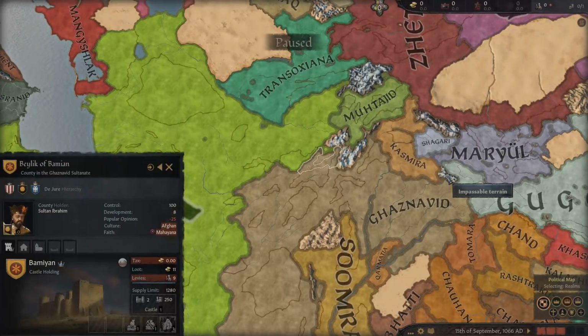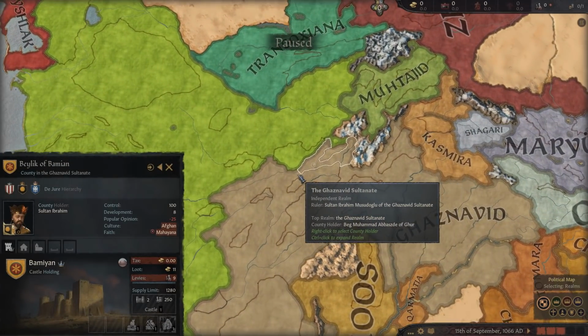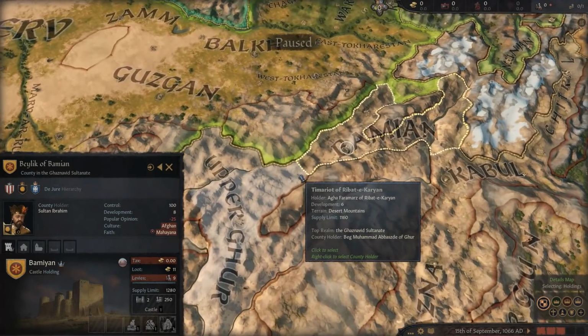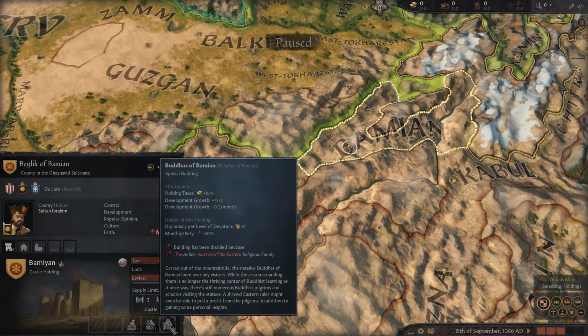The first place we're going to look at is right here in the Ghaznavids, on the border to the Seljuk Empire, in Bamiyan. There in Bamiyan, you have the Buddhas of Bamiyan. Now, this is a religious site, so it's a unique holy building. All holy buildings are enabled by the religion of the ruler that's holding the county.